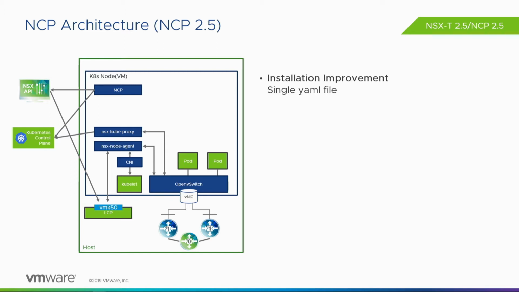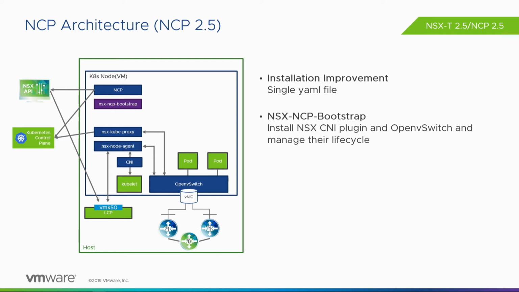So in NCP 2.5, we created this additional pod called the NSX NCP Bootstrap. What it does is it takes care of the installation of the NSX CNI plugin and OpenvSwitch. So with this single YAML file that you now need to use in NCP 2.5, you can actually bring up all the different NCP components. Right, it really makes the installation process much more seamless today.